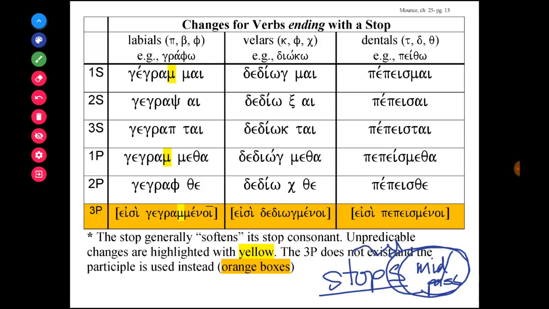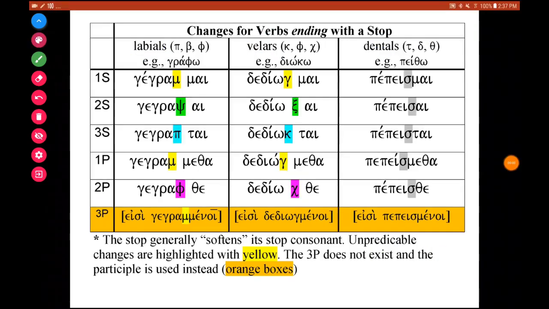For the middle passive forms, there is a slight stem change, and many of these stem changes for the labials, the velars, and the dentals are basically phonetic. It's a way to soften the perfect middle passive forms. And so I've charted them out here, and there is a pattern to it.